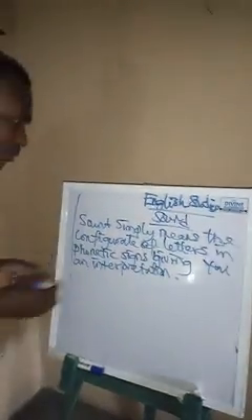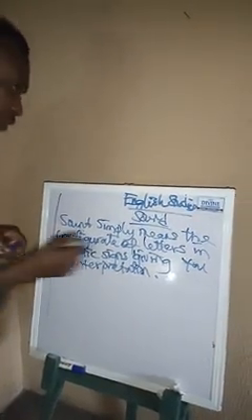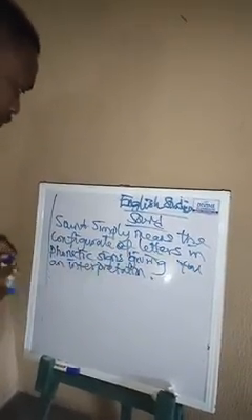Alright, simply means the configuration of letters in phonetic signs, giving you an interpretation.